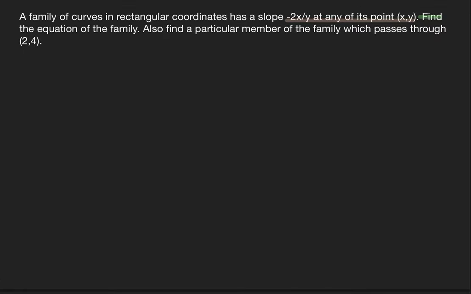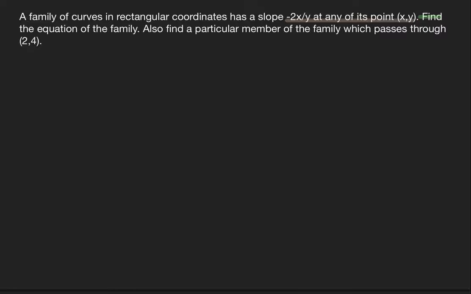So we're looking for two things here: first, the equation of the family, and second, a particular member of the family passing through 2, 4. Just like in any problem that we need to solve, we have to know what is given and what is being asked. So we already know what is being asked here, and of course, solve it to get the answer.